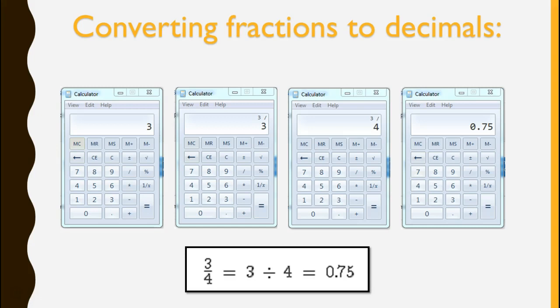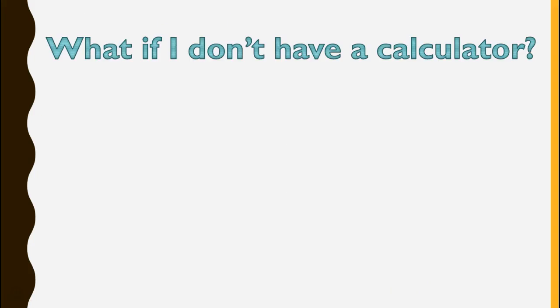Right before our eyes, a fraction can become a decimal because a fraction is a division statement. So you could say 3 divided by 4, and that would equal 75/100. Okay, but what happens if I don't have a calculator?